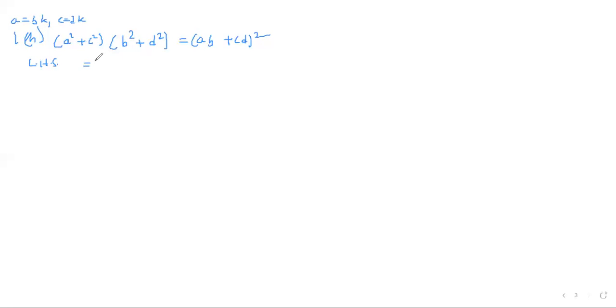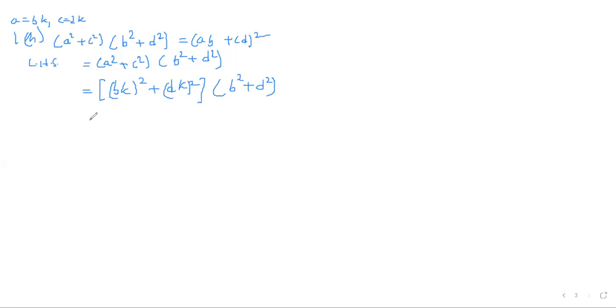LHS equals to A square plus C square into B square plus D square. In place of A, we use BK whole square, plus in place of C, we use DK whole square into B square plus D square equals to, now when we open the bracket, B square K square plus D square K square into B square plus D square will be there.